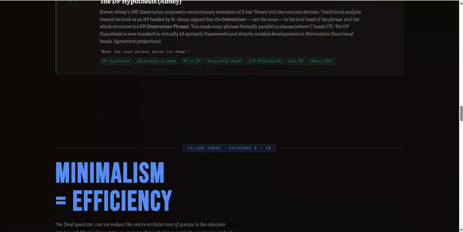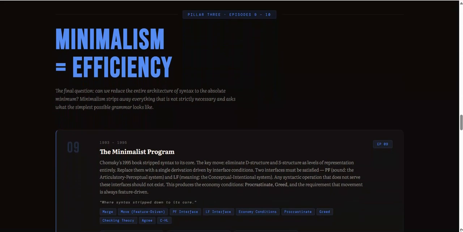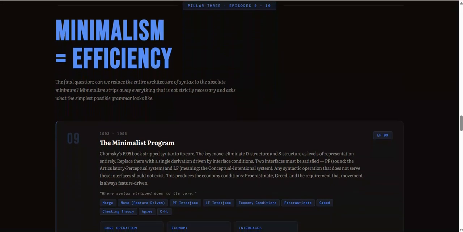Then moving forward to the third pillar, that is episodes 9 to 10. Remember this, that these videos did not contain the tree diagram practice videos. It is minimalism, which is efficiency.